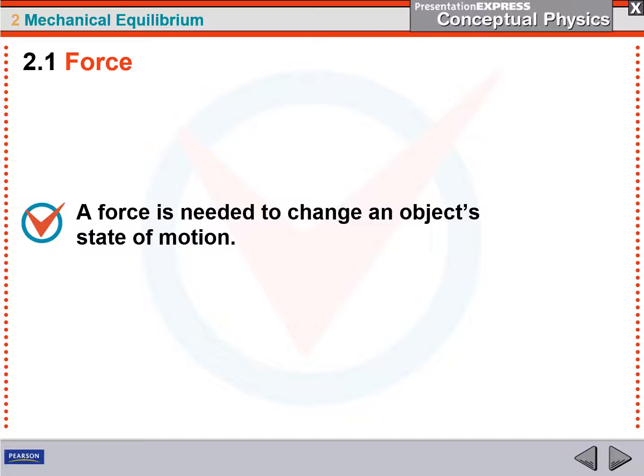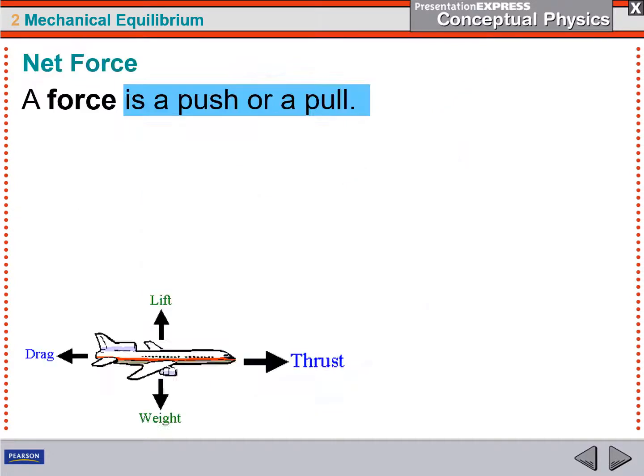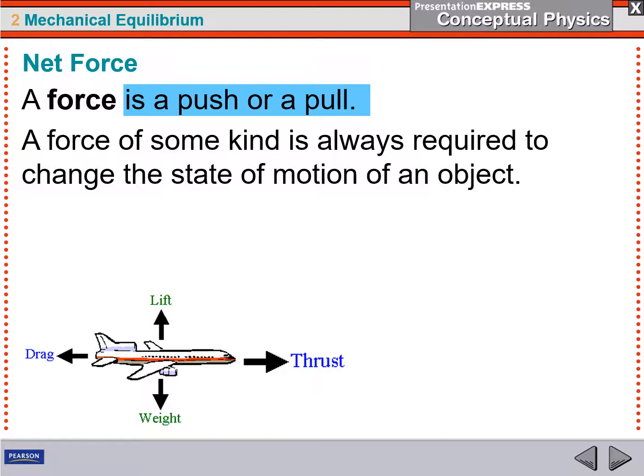What we're going to take a look at now is the idea of forces. Simply defined, a force is a push or a pull. A force of some kind is always required to change the state of motion of an object.